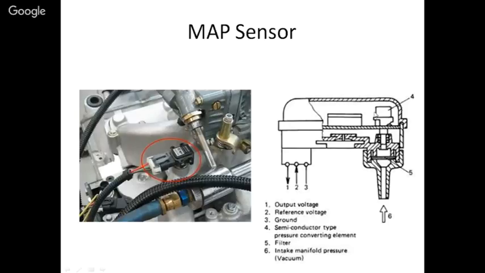Because of the piezoresistivity, again there is a Wheatstone bridge, and the output voltage will change with the pressure. Here also you can see there are 3 connections: 1 is the output voltage, 2 is the reference voltage, 3 is the ground. Almost all sensors have 3 connections. There may be some other cases also, but in general, mostly it is like this.